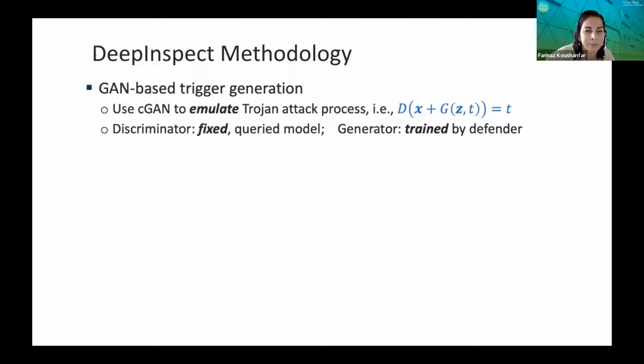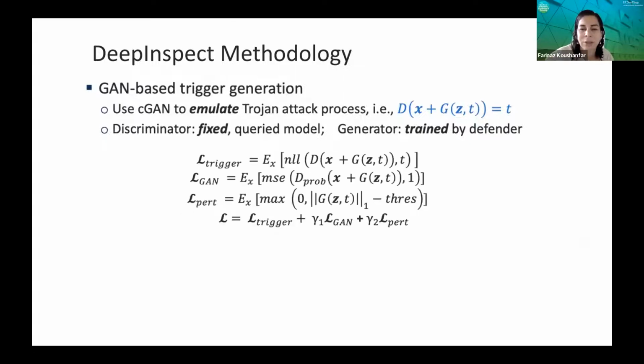The Trojan attack process is basically simulated or emulated using a particular GAN, where the discriminator is a queried model and the generator is the one that is trained by the defender. Now, if you look into this generator, this becomes an expectation.